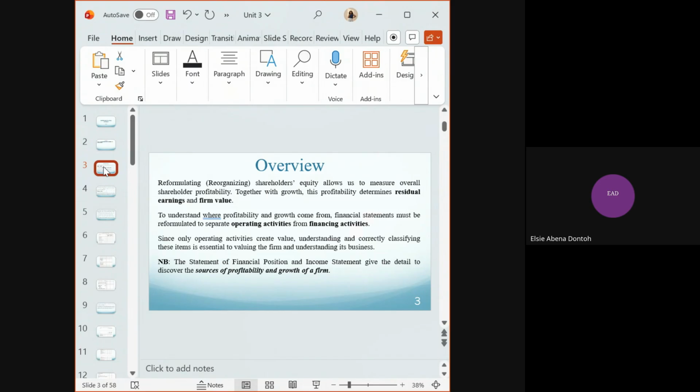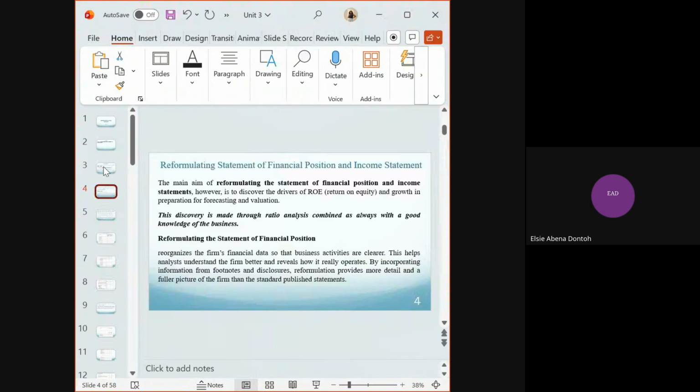As we established last week, you have to separate operating activities from financial activities. Since only operating activities create value, understanding and correctly classifying these items is essential to valuing the firm and understanding its business. Note that the statements of financial position and the income statement are very pertinent statements that show us the sources of profitability and the growth of a firm.